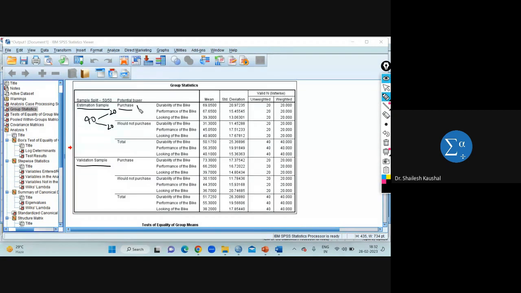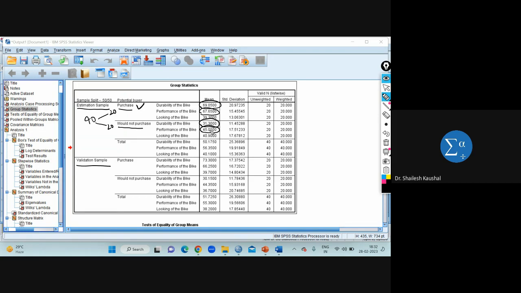Those who are purchasing this bike, their mean score for question number 1, durability, is 69. And those who are not buying the product, their mean score for durability is 31.3. It is a very big difference. For performance of the bike, the score is 67.65, and those who are not buying the bike are giving a lower mean score, 45.